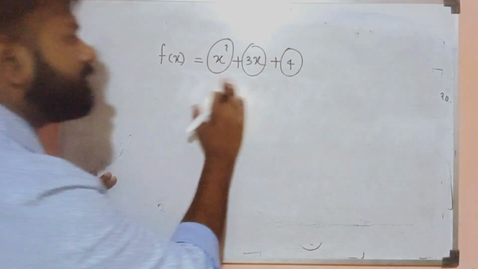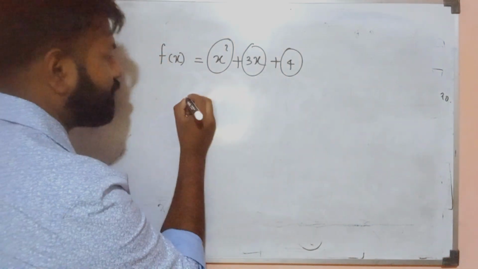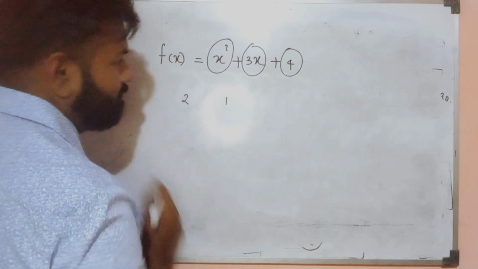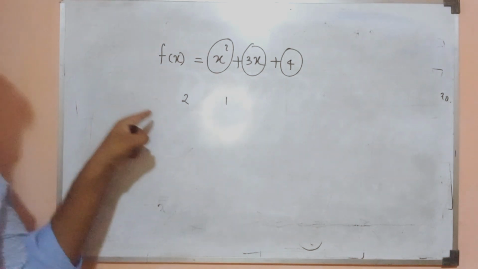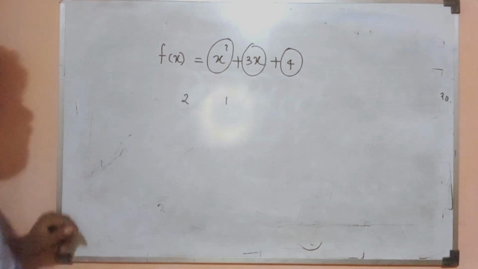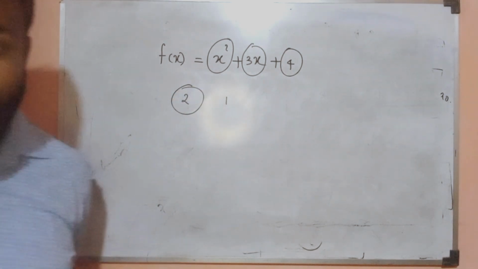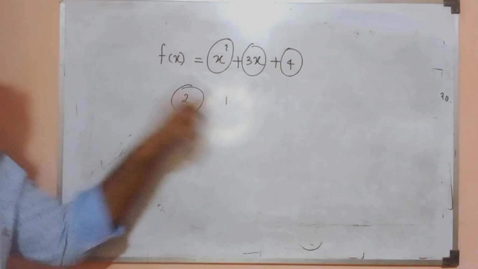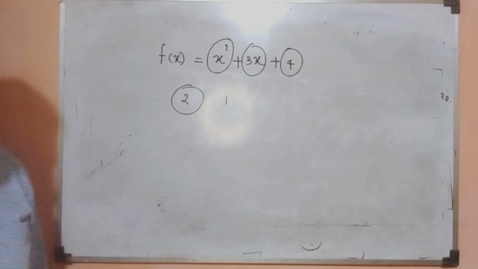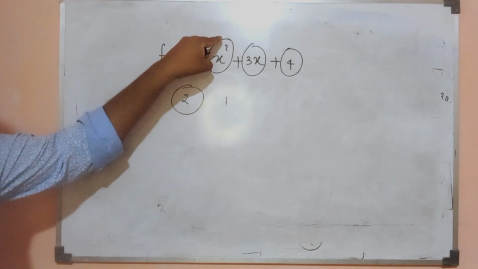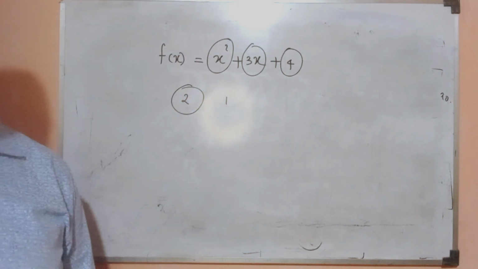How many terms are there? 3 terms. What are the exponents here? 2 and 1. Which is greater? 2 is greater. So x squared we call the leading term.